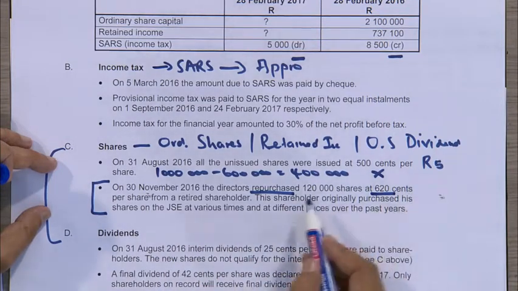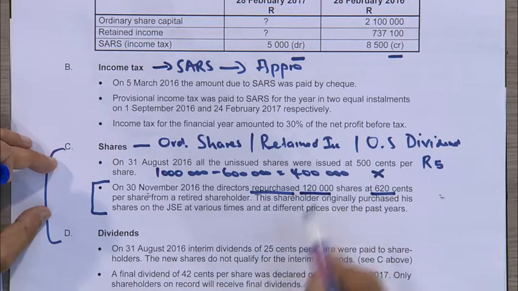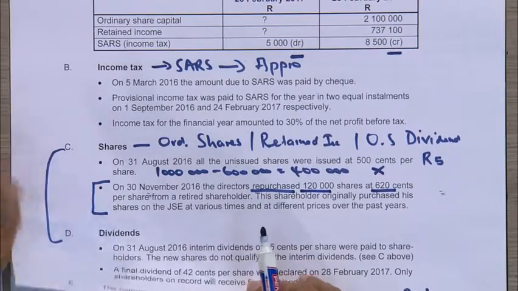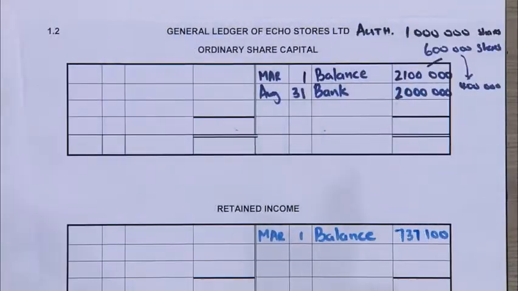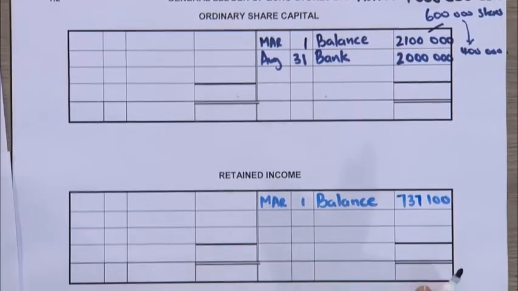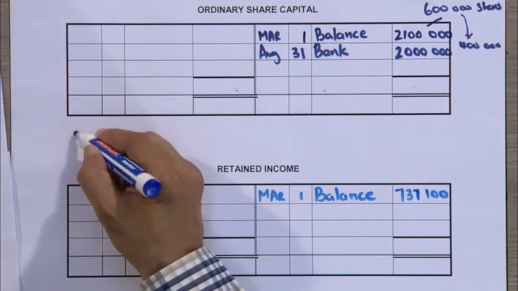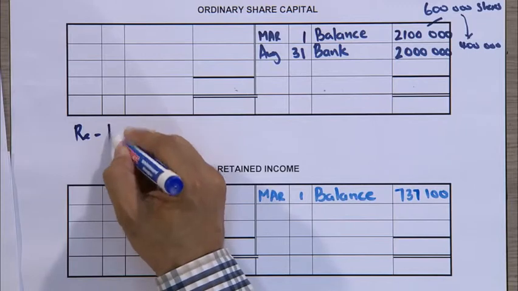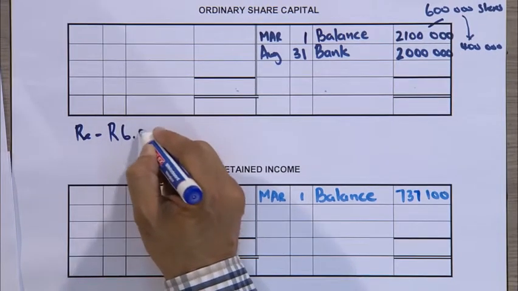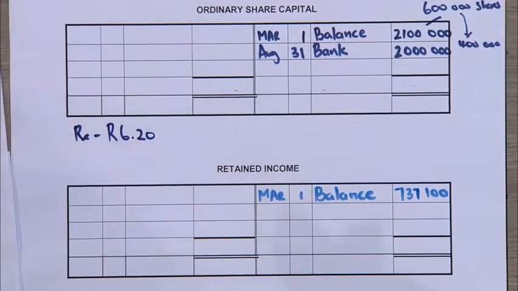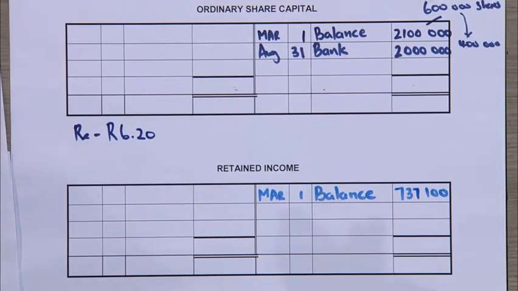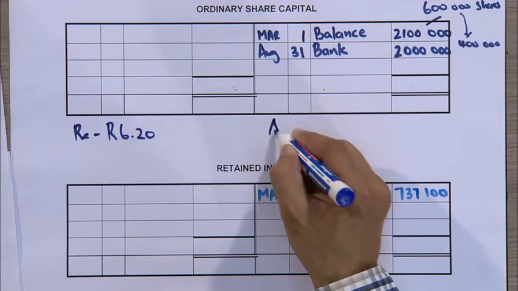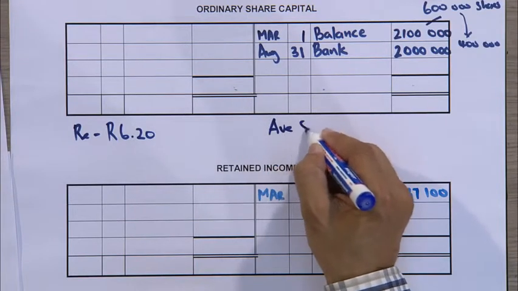All you have to remember is that you're going to buy back 120,000 shares at 6 Rand 20. So what's happening here, grade 12, is the repurchase is 6 Rand 20. Okay. So whenever you buy back, you have to establish what is the average share price.